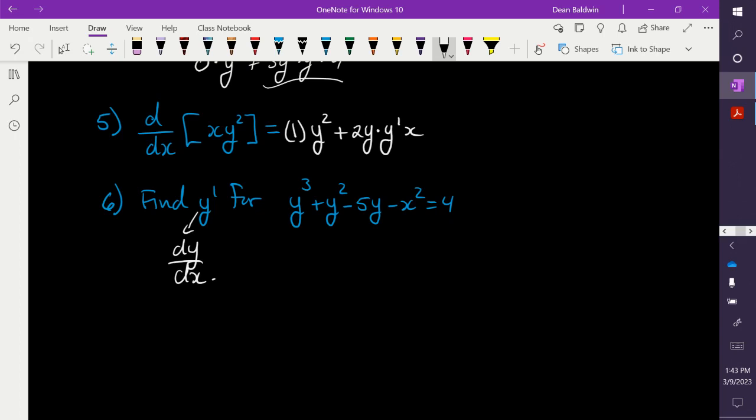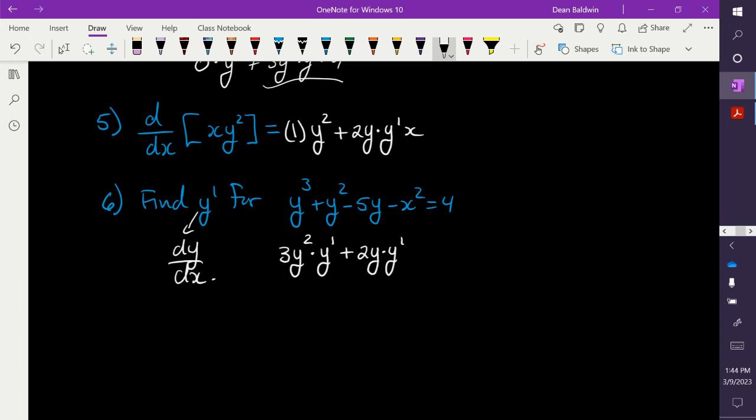What's the derivative of y cubed with respect to x? So you drop the 3 down times y prime, right? Plus, what's the derivative of y squared with respect to x? Times the inside derivative.